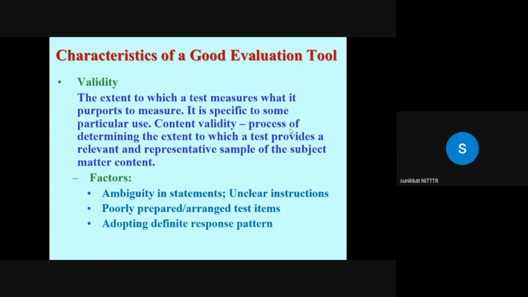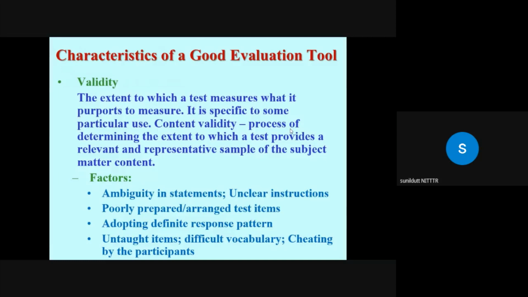Then adopting definite response pattern. Say आपने 10 true false item बनाए, पहला true, दूसरा false, तीसरा true, चौथा false. यहाँ you have prepared 10 multiple choice question. पहले का आंसर A, दूसरे का B, तीसरे का C, चौथे का D, पांचवे का A. So the student will tend to adopt a definite response pattern. So these need not be arranged in such a manner.